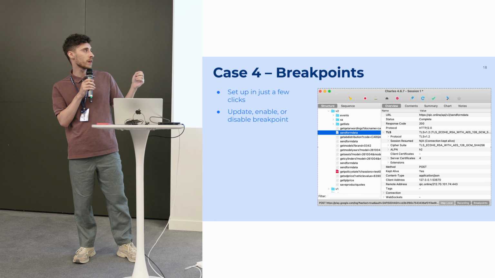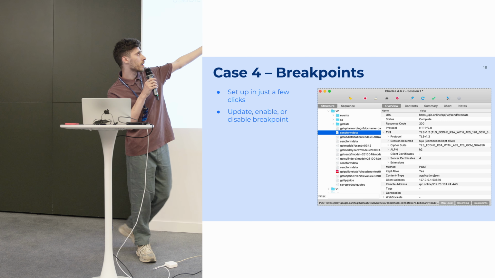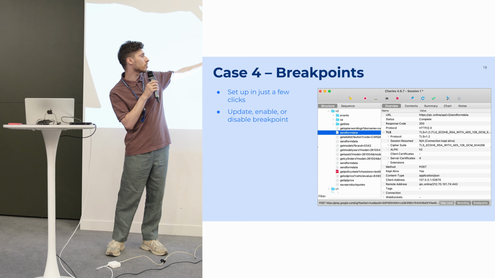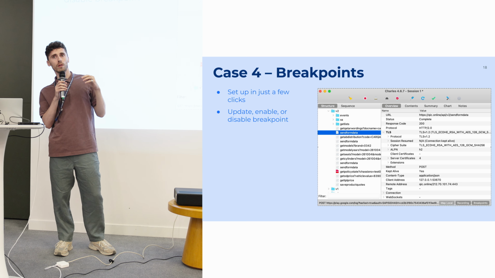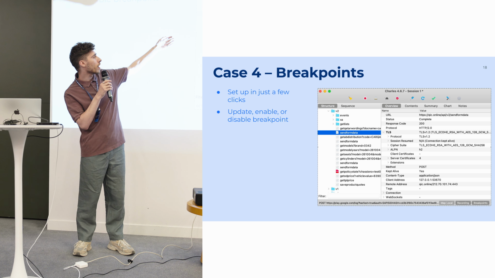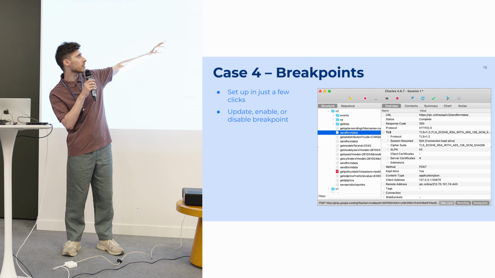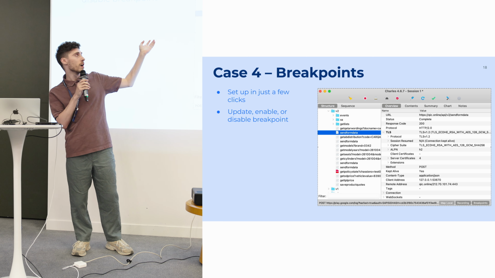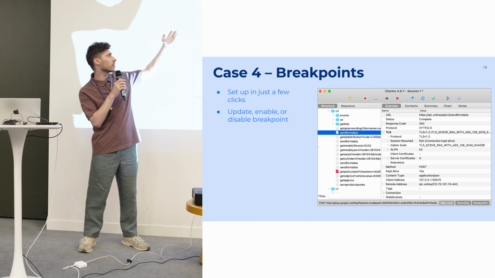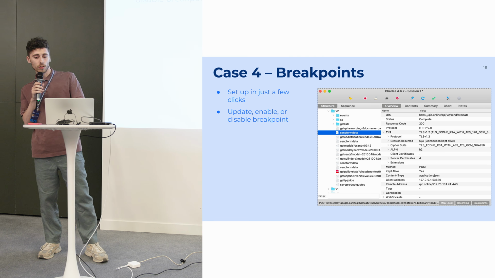Next, when I've added it to breakpoints, I can open and change the request or response. Also, I can turn on or turn off the different breakpoints I added before, and I can even turn off all my breakpoints.